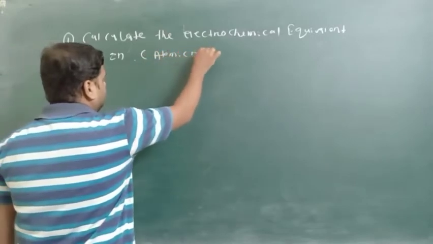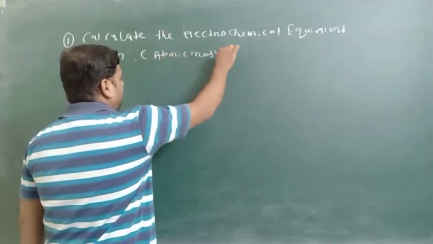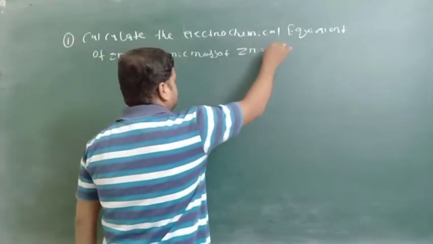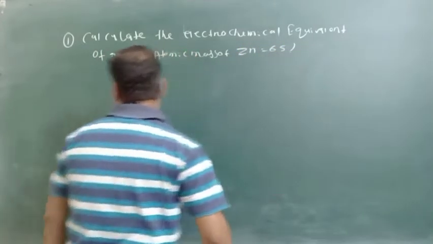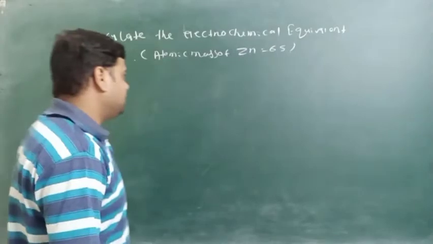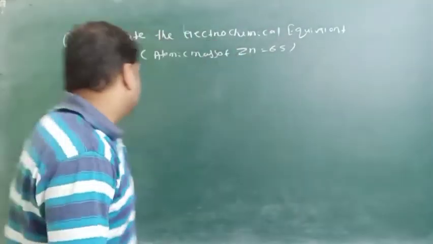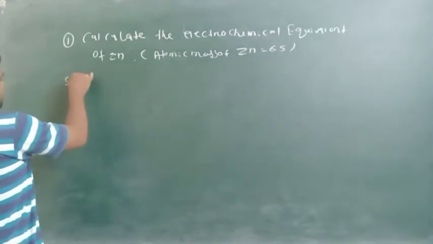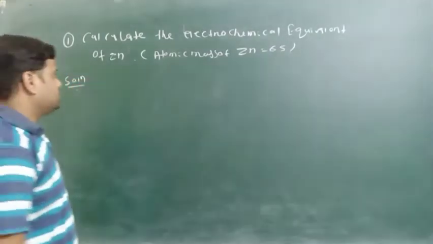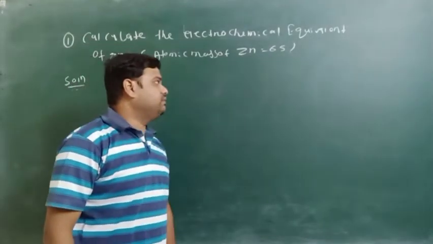The atomic mass of zinc is 65. Based on the atomic mass we can calculate the equivalent mass, so we can calculate the electrochemical equivalent.